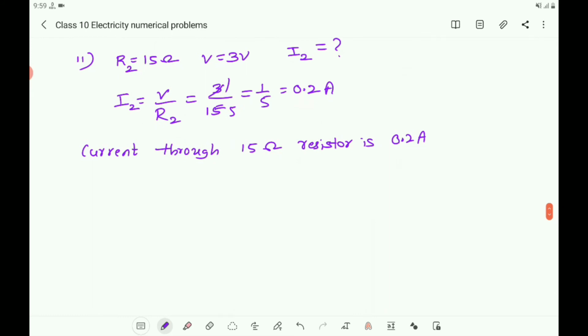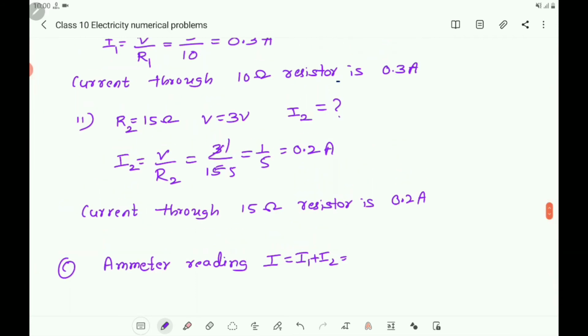So you take C, emitter reading equals the sum of the current flowing through resistance 1 and resistance 2. It is I equals I1 plus I2.